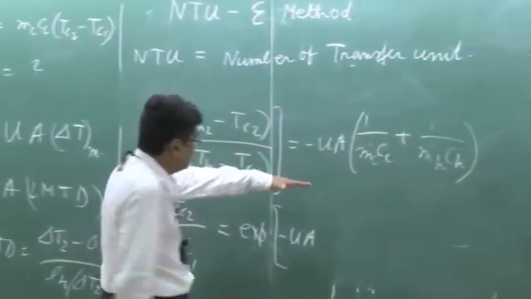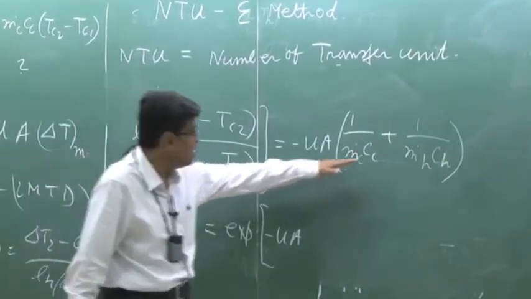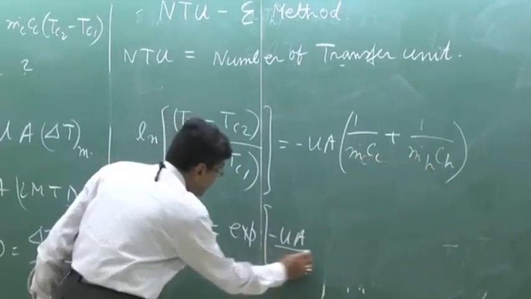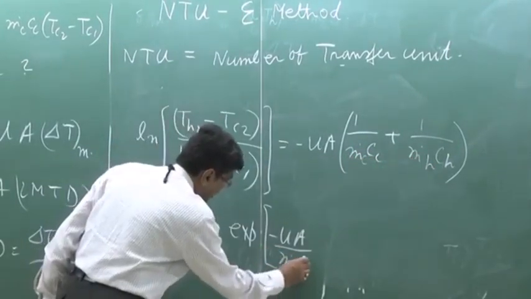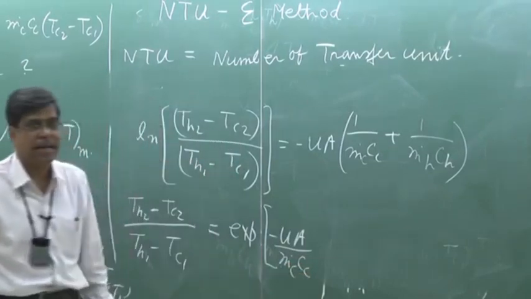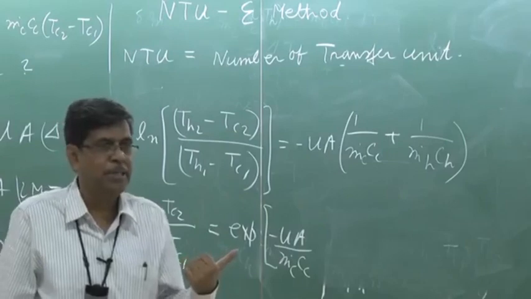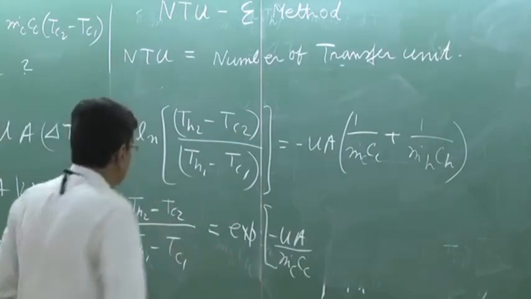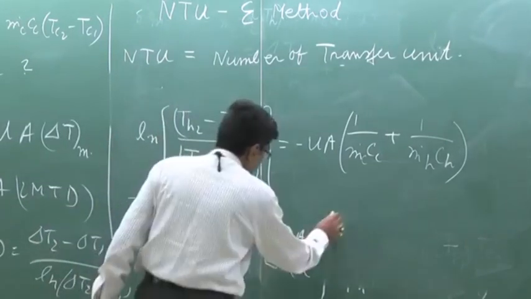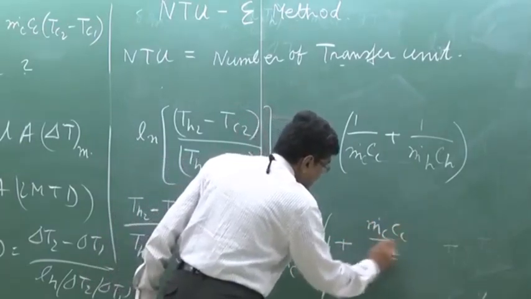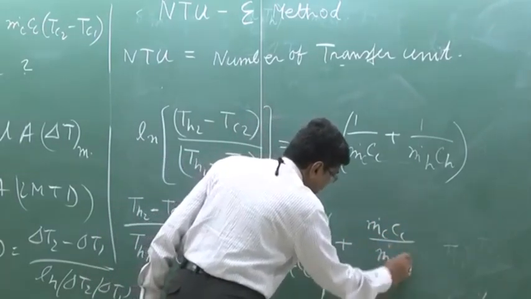So here, the product is less than this product. Then I take this as common, m dot Cc. When I tell the case for which m dot Ch is minimum, then you will take m dot Ch as common. I will tell you. Then it will be 1 plus m dot Cc divided by m dot Ch.